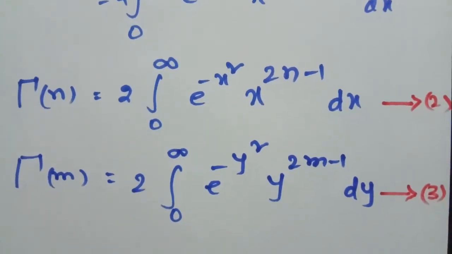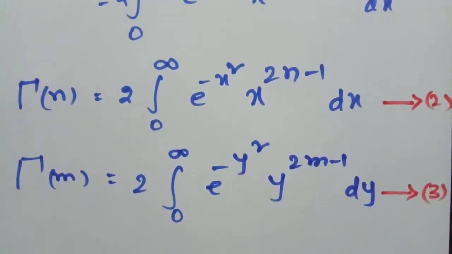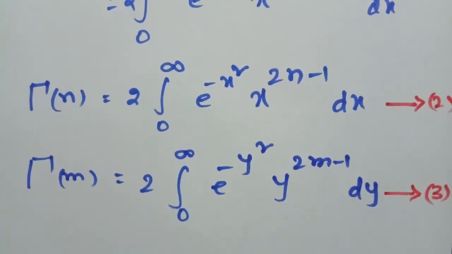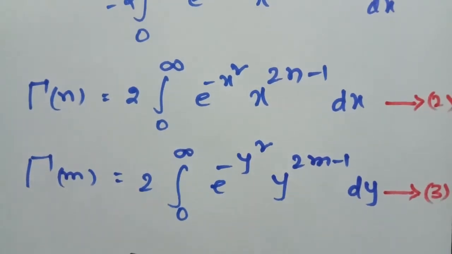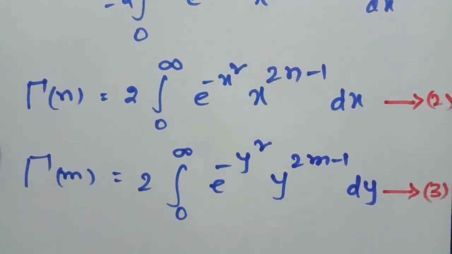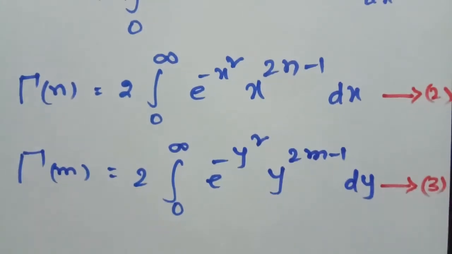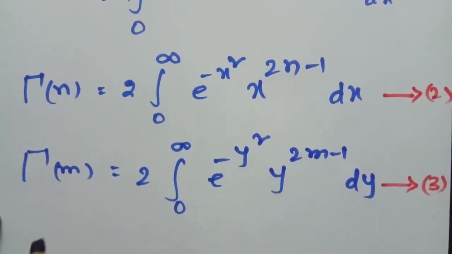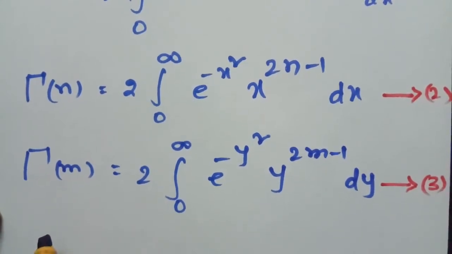Similarly, if we substitute t is equal to y square, then we can get gamma of m. Instead of n, we are taking m here. Since in our relation between beta and gamma, in the numerator there is gamma m into gamma n, therefore, multiplying 2 and 3.